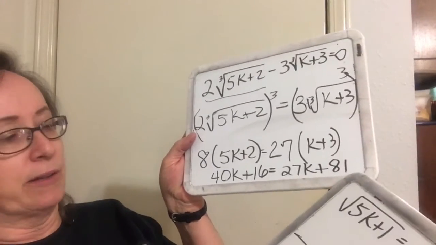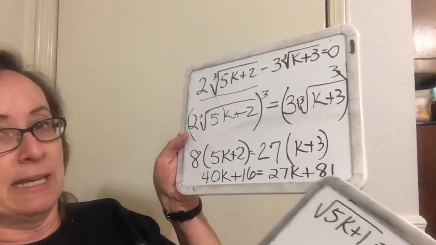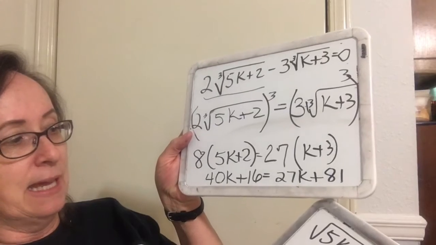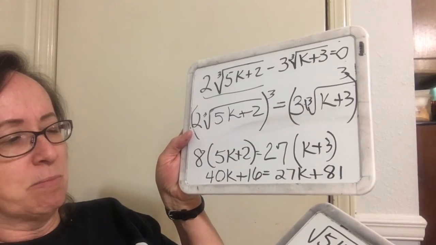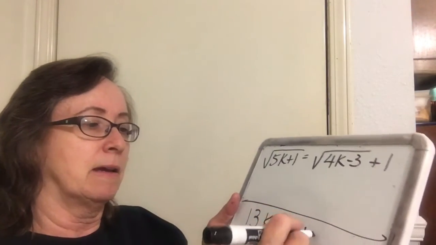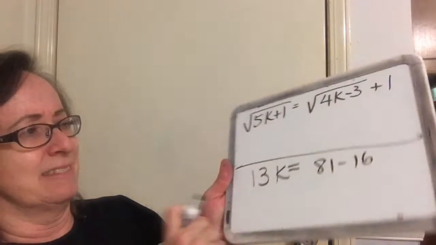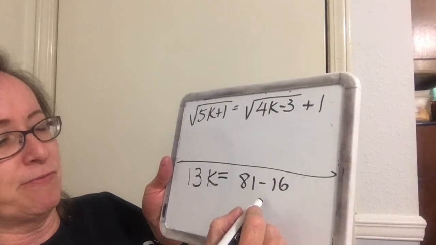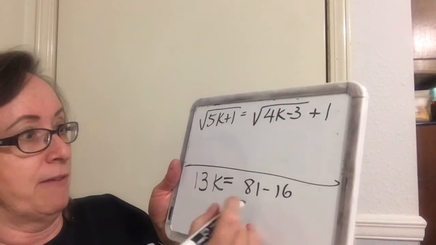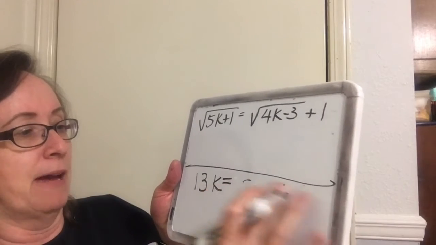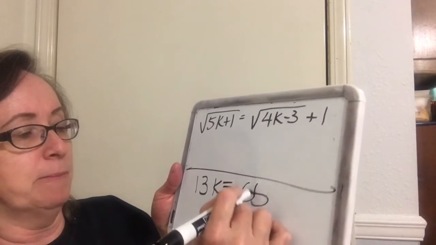Okay, and then I want to get the 16 over on the other side. So subtract 16, and 81 minus 16 is going to be 65. Yep, 65. So we're just going to write 65 here.